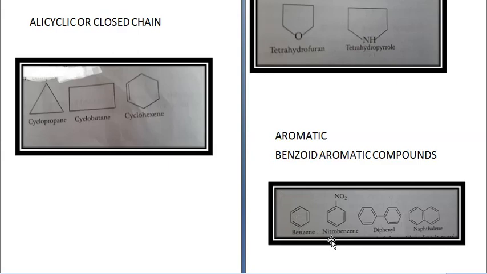Now if to this benzene ring you add a NO2 group, it becomes nitrobenzene. To this you add another benzene ring, it becomes diphenyl. And the last one is naphthalene. Okay, so this way, here C6H6, C6H6. In this, what has happened? These two carbons are being shared.